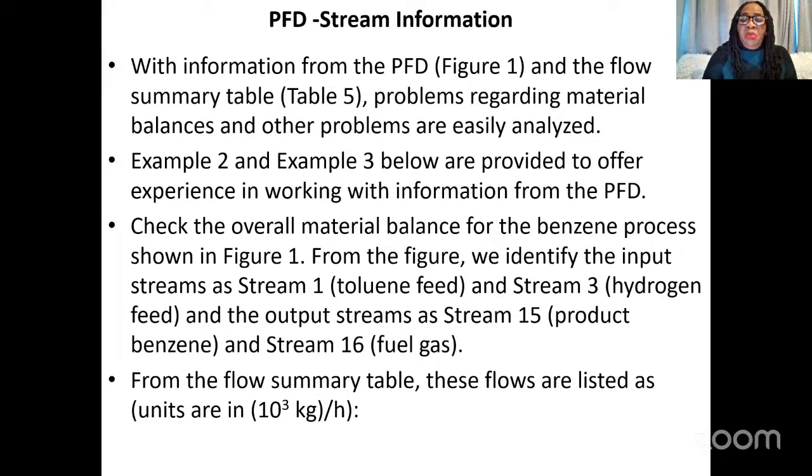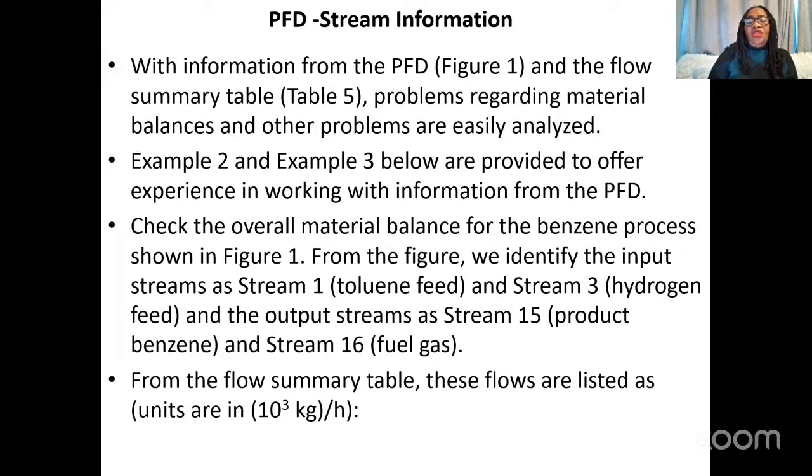The input streams we have are stream 1 and stream 3. I'll go back there and show you any moment now. The output streams are 15 and 16. Stream 15 is where you have the benzene product coming out, and stream 16 is where you have the fuel gas, also coming out as a product. From the flow summary table, table 5, the flows are listed, and the unit is 10 raised to the power 3 kilograms per hour.